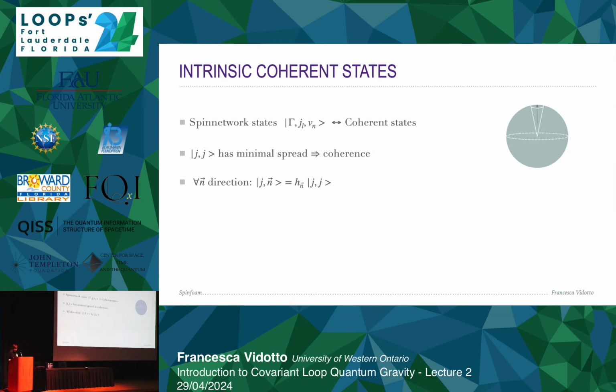This is what I am representing here. For the moment, I just consider SU(2) states. So this would be my spin and my magnetic number. I take the magnetic number to be the maximum one, equal to the spin j, and this is the way in which I maximize coherence.